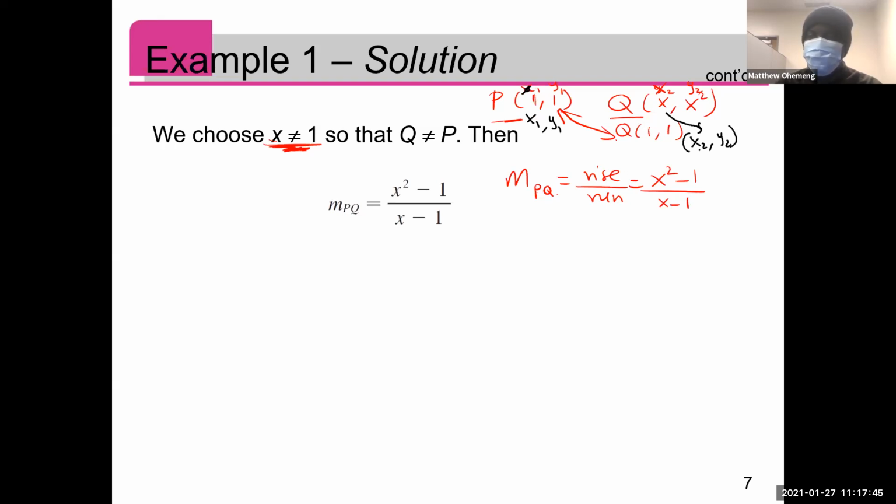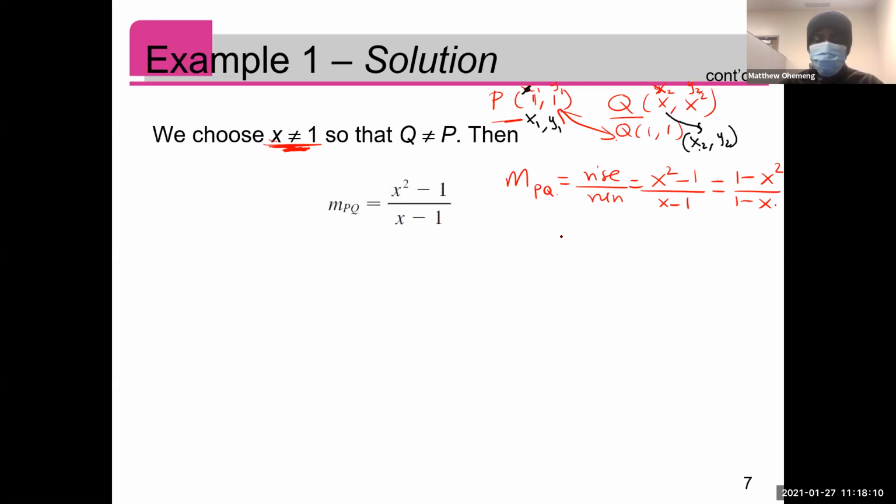Or you can compute this as 1 minus x squared over 1 minus x, which is the same, but you are sticking with the first formula. So for any secant slope you want to compute, you can just use this formula. Just put in the x coordinate, and then you'll be able to find the slope. Are you okay with this?